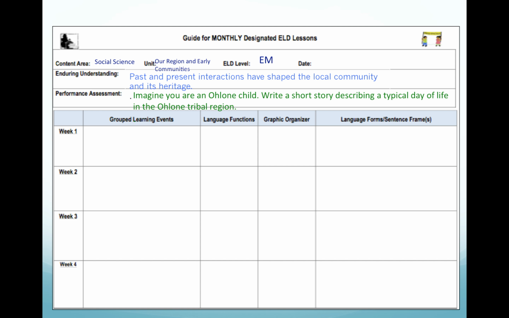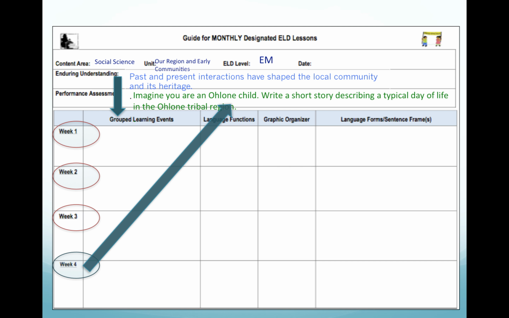The next thing we're going to look at is how we get students, throughout the month, however many weeks your unit is, to go from each week to actually doing this performance assessment: write a short story describing a typical day of life in the Ohlone tribal region.